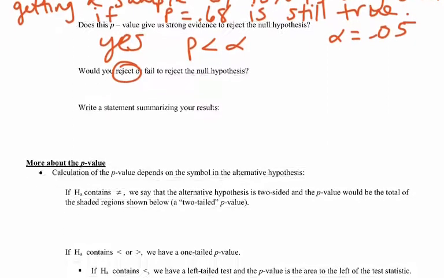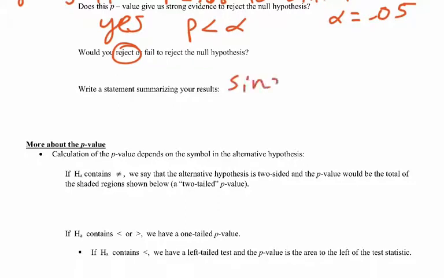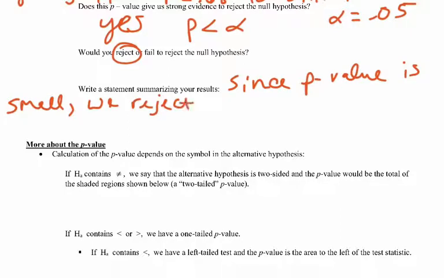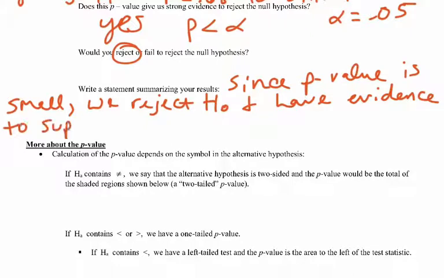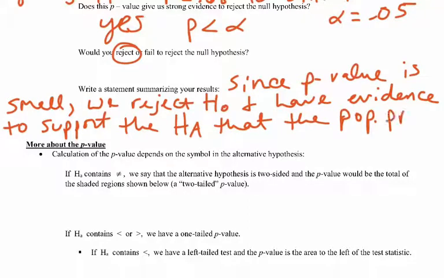All right, so let's summarize what we're saying. Since the p-value is small, we reject H naught, that's the null hypothesis, and have evidence to support the alternative hypothesis, which was that the population proportion has increased above the 68%.